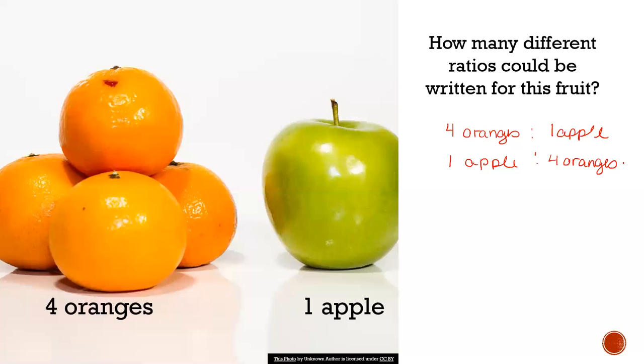So those are 2 ratios, but those aren't the only ratios that we have. These are all fruits. So we could say, well, we have 4 oranges to 5 pieces of fruit in total. And you could do the same thing with apples.